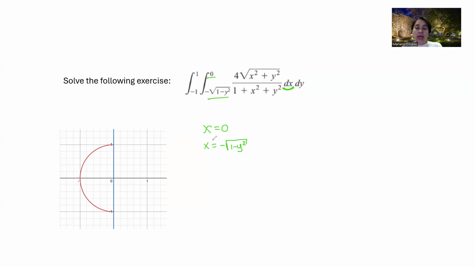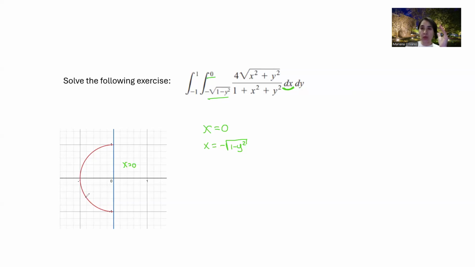Okay? So if you need to solve this, what do we have? X equal to 0 is the vertical line that we have here in blue. And also, look, this is the expression of half of a circle.